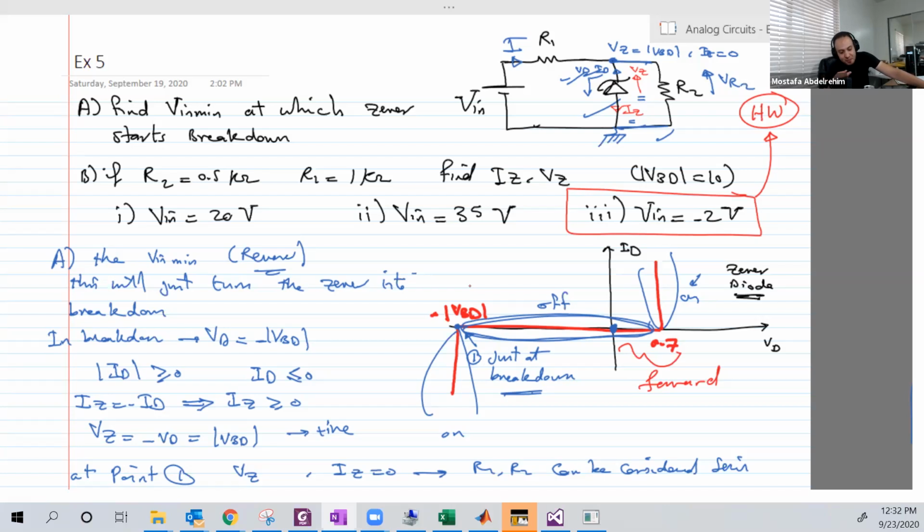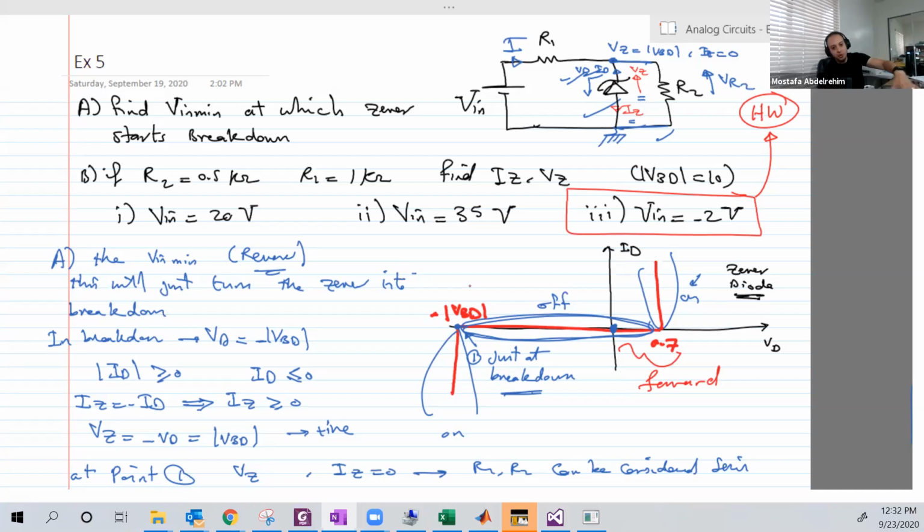And you can basically make something easier, just guess if it's forward or reverse, off or on, and try to prove or disprove your assumption. You can, for example, assume it's on. So the diode voltage would be 0.7, okay, from N to B. And the current should be positive from B to N, okay?